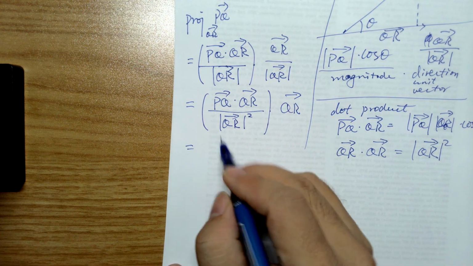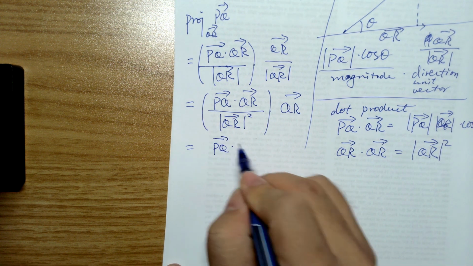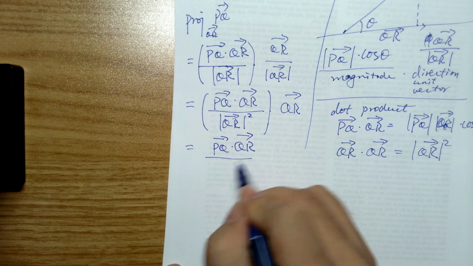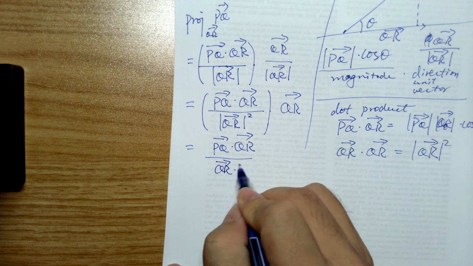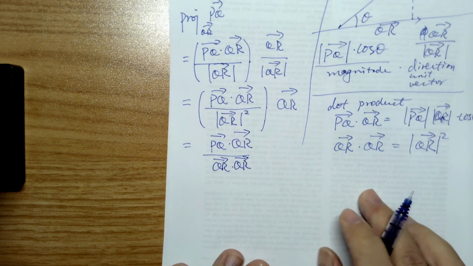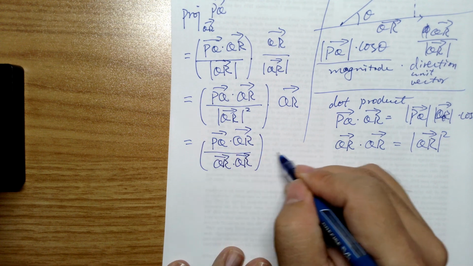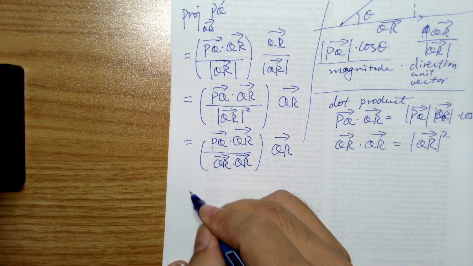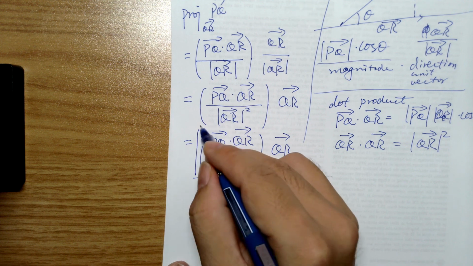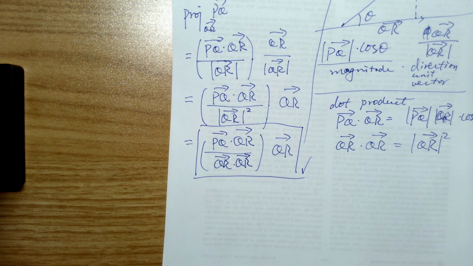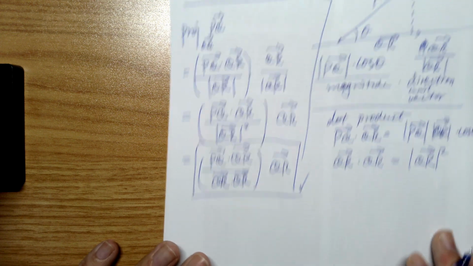So this formula can be treated as PQ dot QR over QR dot QR, and then times the vector QR. So this is going to be the finalized formula we would use to figure out this problem.